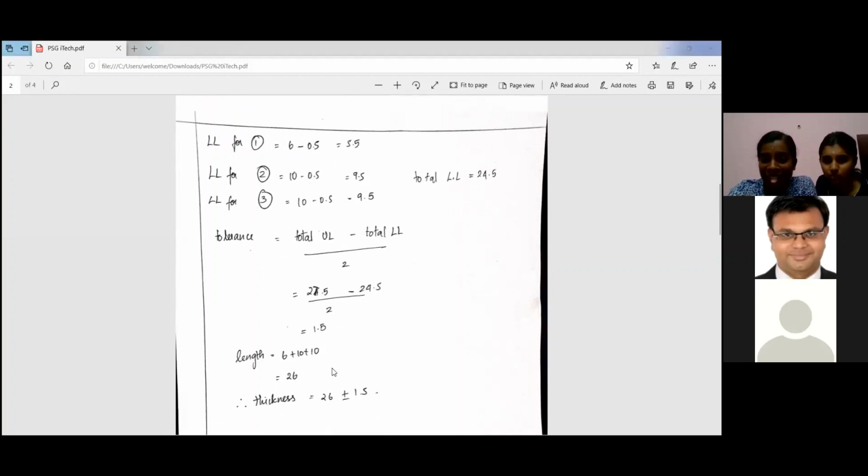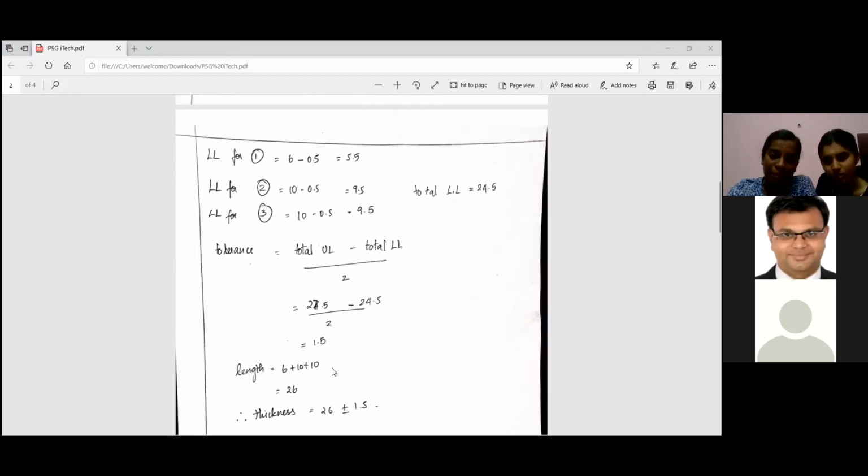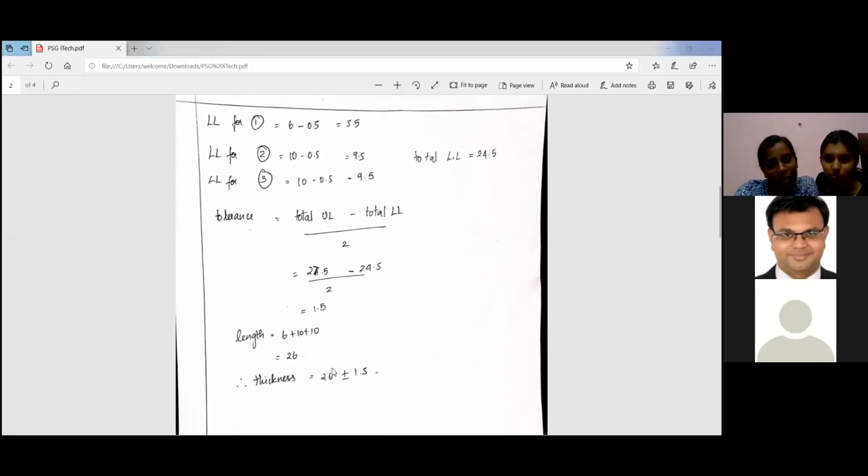This answer is quite interesting. Even the last team did the same method, and they got the correct answer. But when you go to the previous one, they also approached a similar thing, but they got 26 plus or minus 1. That is what they got in the first one. What value did you get for the first question?